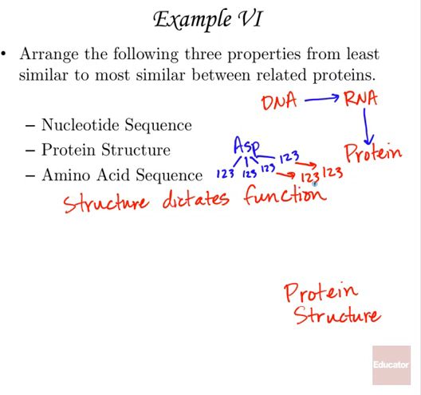So this should allow us to understand that what is next most similar between related proteins would be their amino acid sequence. And then therefore leaving us with the least similar being our nucleotide sequence.